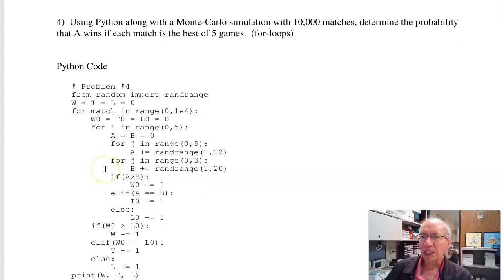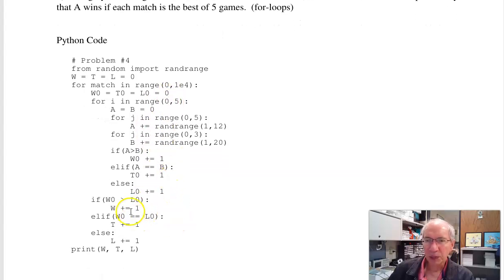Now repeat 100,000 times. So put that in a loop from 0 to 100,000 games. Play a 5-game match. So here I play a single game, win, tie, or lose. After 5 games, I'll check. If I won more than I lost, I won the match.